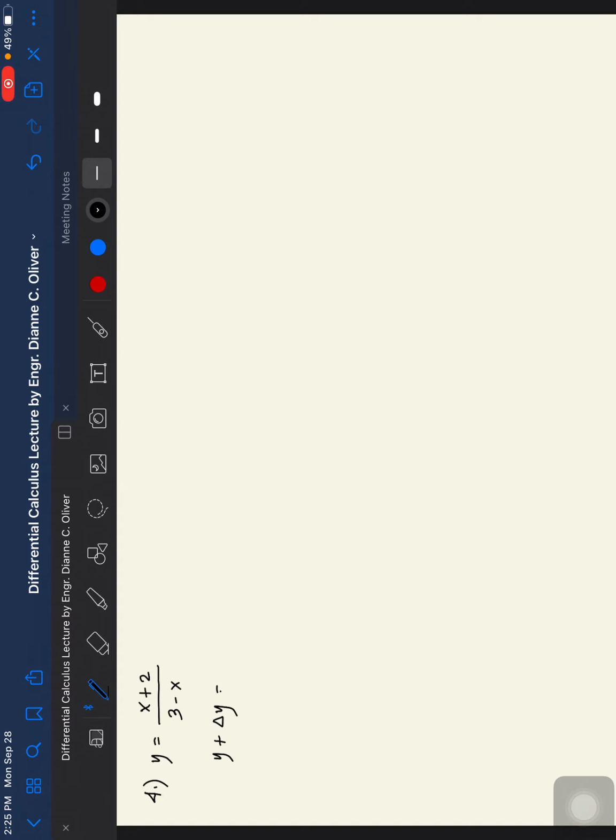So y plus delta y equals (x plus delta x plus 2) over (3 minus (x plus delta x)).